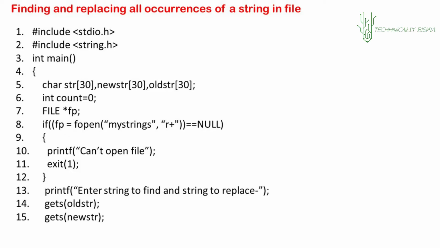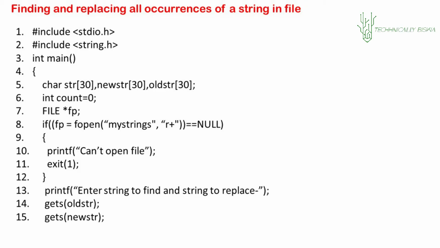Look at the variables I have taken: str, new_str, old_str. What will happen is old_str will be replaced by new_str. That means the old string I look for in the file, I replace it with a new string. In case of my example, the old string is "hi". The new string will be "welcome", as we were discussing.